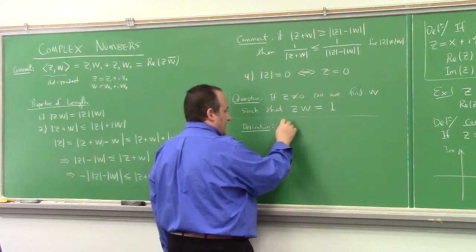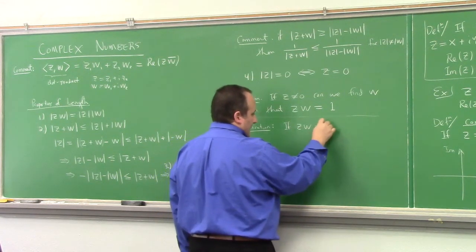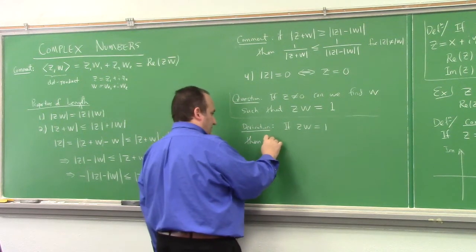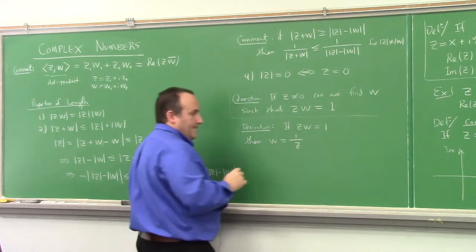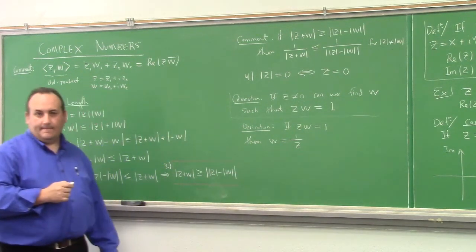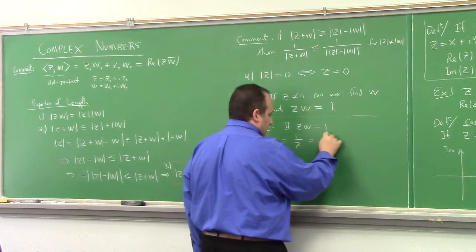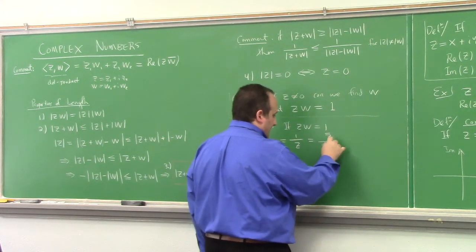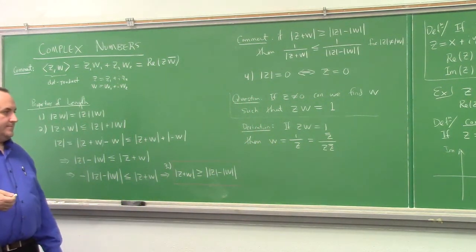If zw is 1, then w should be equal to 1 over z, and that should be equal to z bar over z z bar.